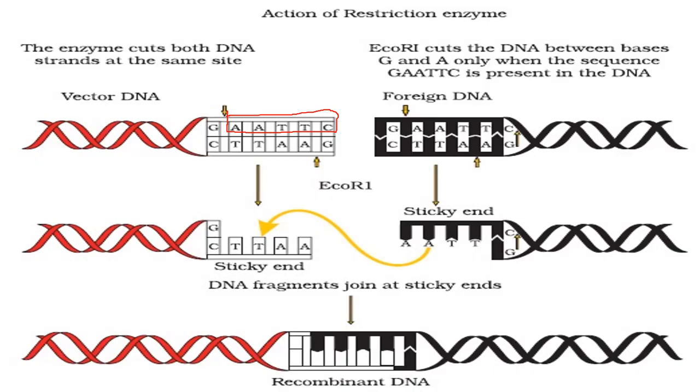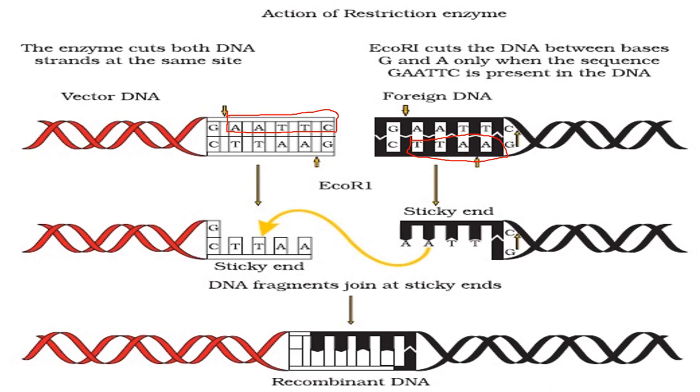And here also, because it is cutting from here, the stretch of DNA will be separated, from here to here. And the same type of end will be produced here also, right? So these two types of DNA, foreign DNA and vector DNA, both will have sticky ends which can ligate with each other.